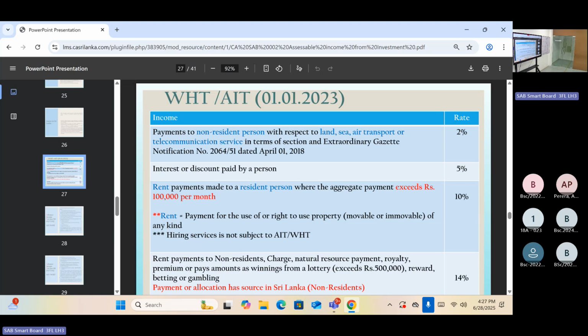So again, the first thing is whether it is liable for tax. If it is liable, what is the rate and what is the obligation of the company?